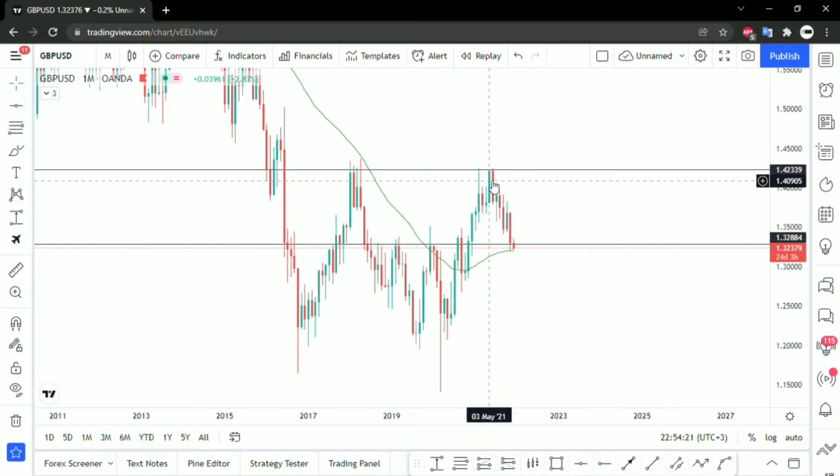Around May, we retested a very significant key level, which is the highest high that we've gone for this particular year.